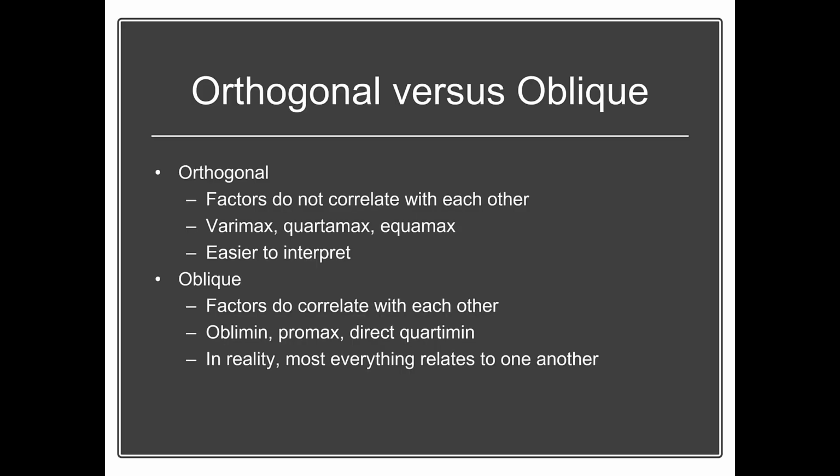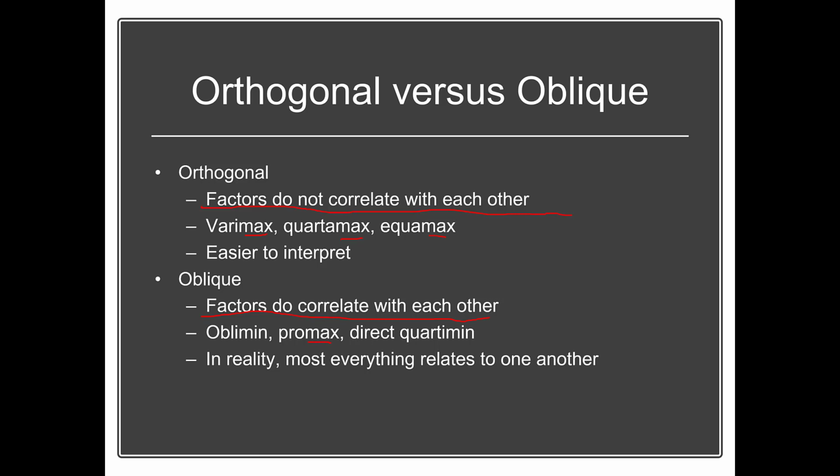So here are the types of rotation. Again, I've already mentioned that the orthogonal factors don't correlate. Oblique factors do correlate. In general, orthogonals are the max: varimax, quartimax, and equamax. However, oblique has a max too, promax, so it doesn't hold completely.